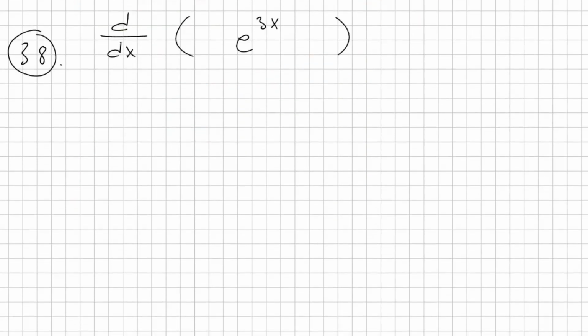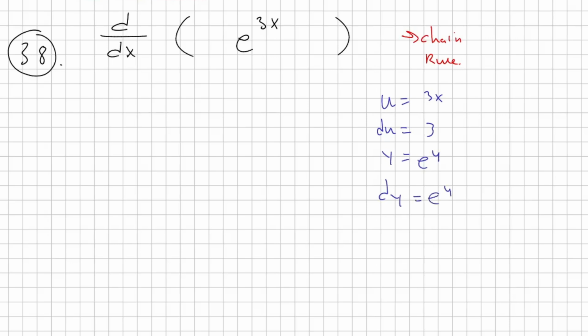Now we've got e to the 3x. For this, we could use a chain rule type solution. We're going to be setting our u to 3x. Then your du becomes 3, and our y is equal to e to the u. So therefore our dy is still going to be e to the u.